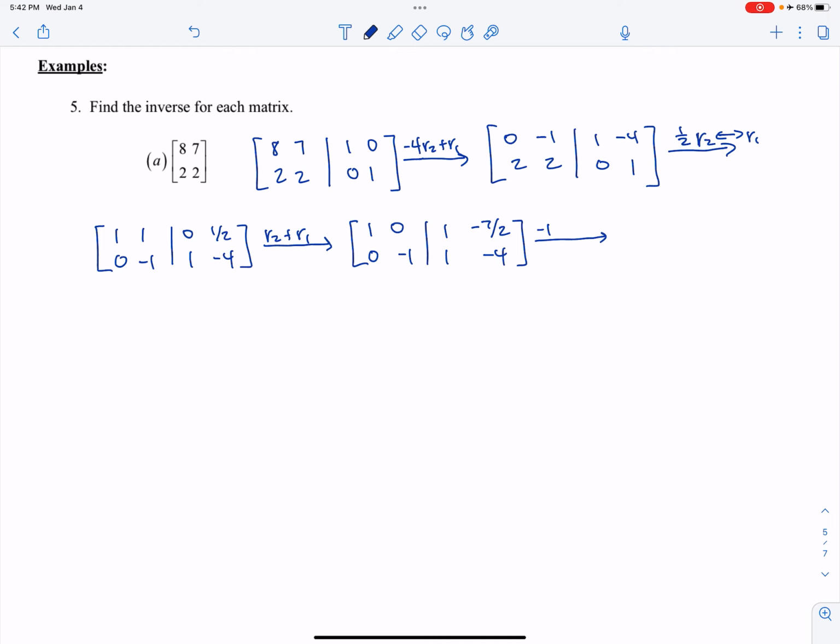Negative 1 times row 2: 1, 0, 1, negative 7 over 2, 0, 1, negative 1, 4. So the inverse matrix is 1, negative 7 over 2, negative 1, and 4.